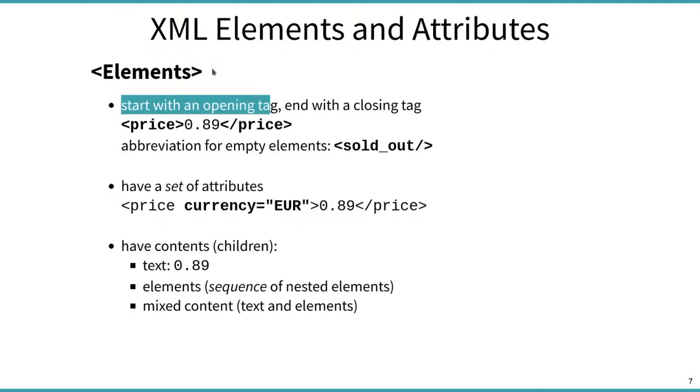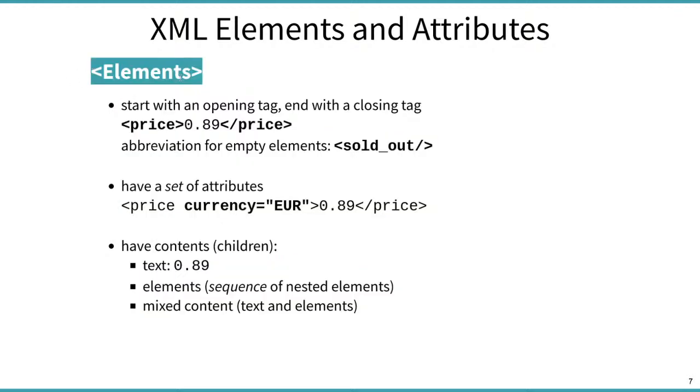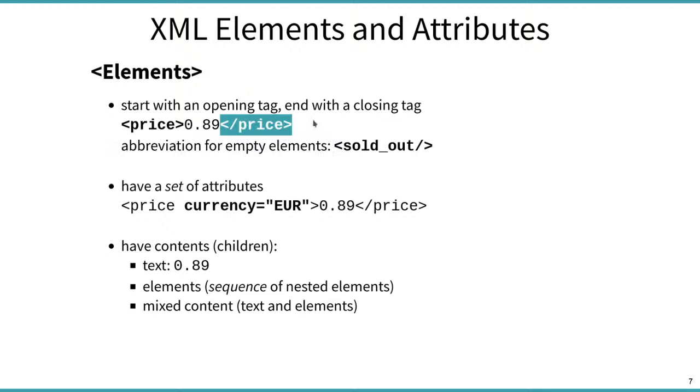They have an opening tag, this is an opening tag, and a closing tag is using the slash here. And within the opening tag and the closing tag, you have the children. In this case here, there's one child, a text node 0.89.